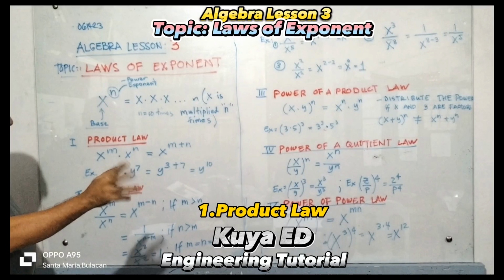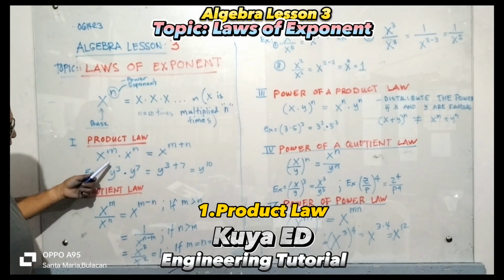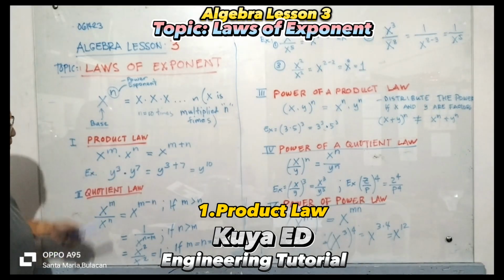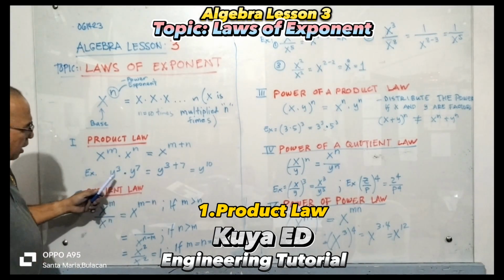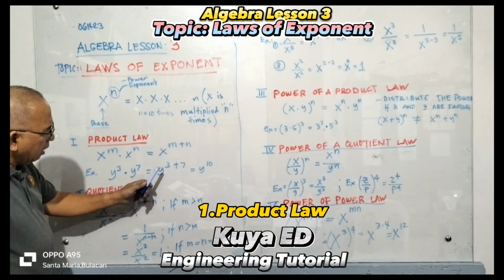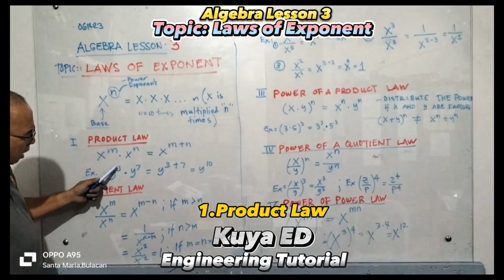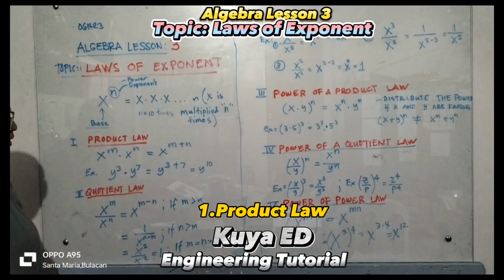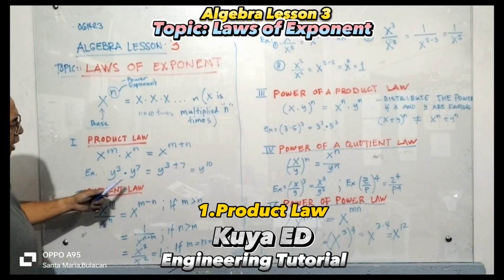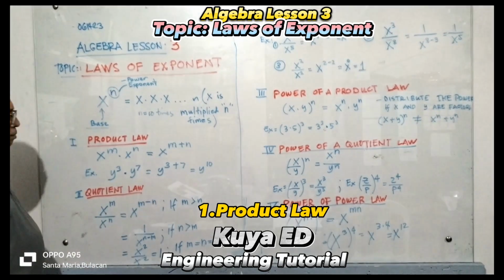So i-add lang. So for example, y to the cube times y to the 7. So ang gawin lang natin, i-copy mo yung isang base, yung y lang. Then you will have 3 plus 7. Therefore, ang ating y ngayon ay magiging y to the 10th power.